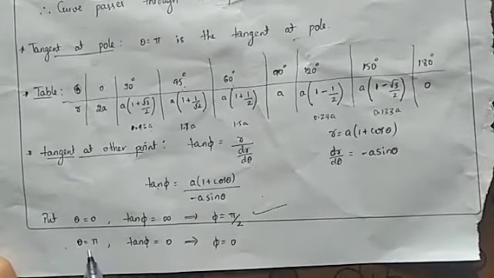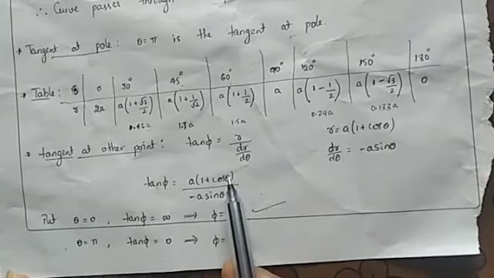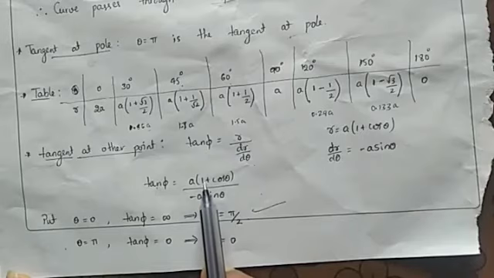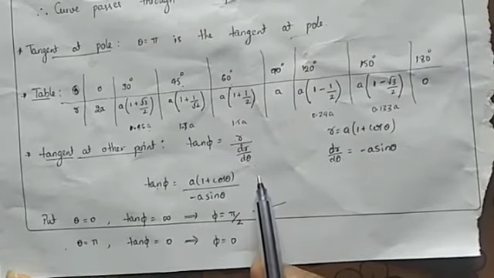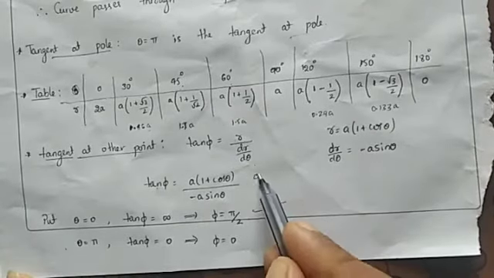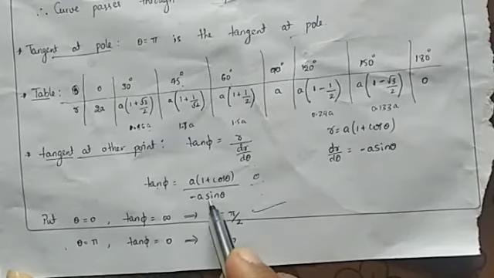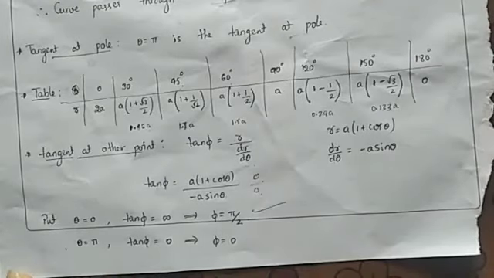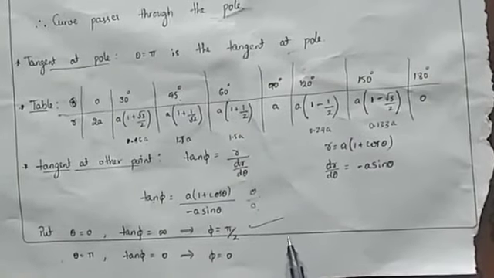The next, you put theta is equal to pi. Cos 180 value is minus 1. So minus 1 plus 1 we get 0, and by sin 180. Sin 180 is also 0. It is 0 by 0, so it is the indeterminate form.